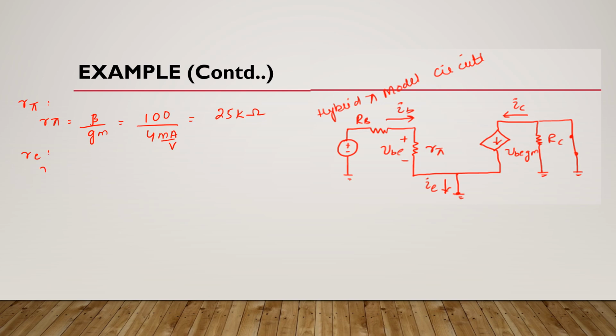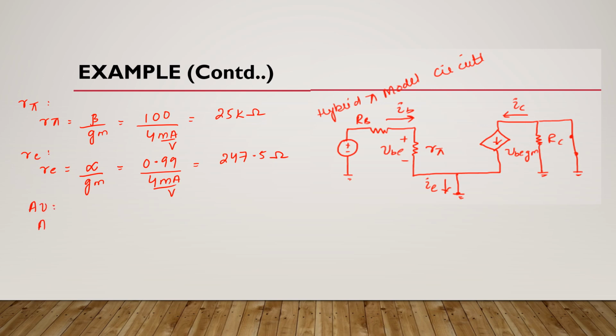We know that Re is equal to alpha divided by transconductance. Here alpha is 0.99 and transconductance is 4 milliamperes per volt. After solving this you will get 247.5 ohms.